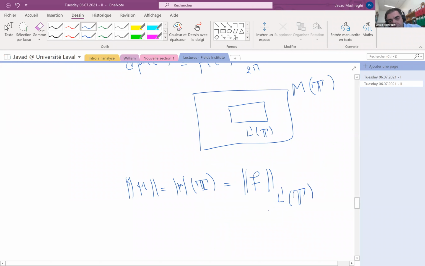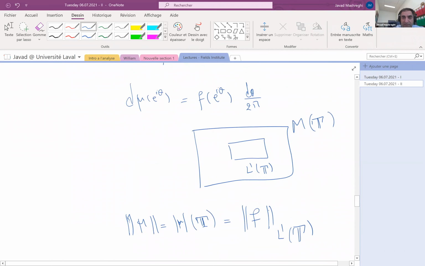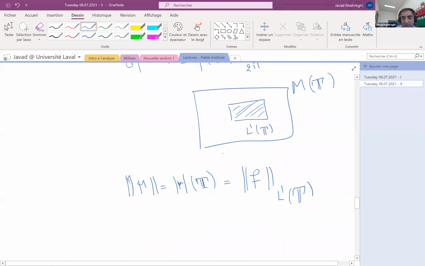That's the isometric part, and the bijection here, not with all of M(T), but just with the image, is one-to-one. Of course, it is onto because we restrict ourselves, but more importantly, it's one-to-one. So it's a bijection between L^1 and a copy in M(T).